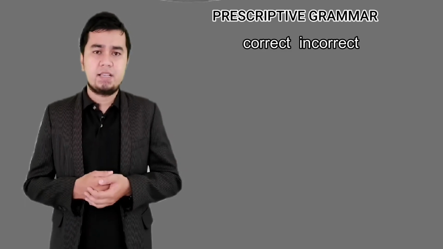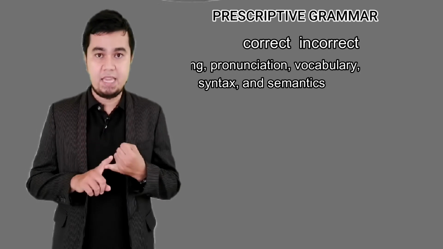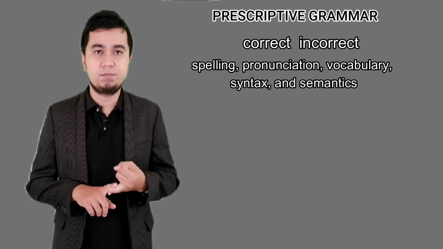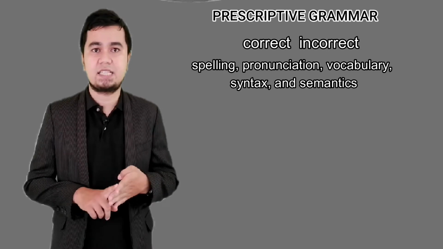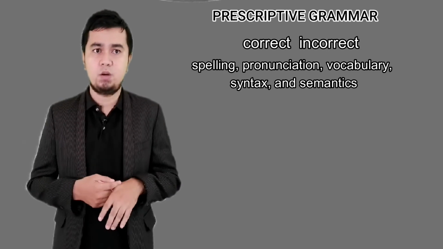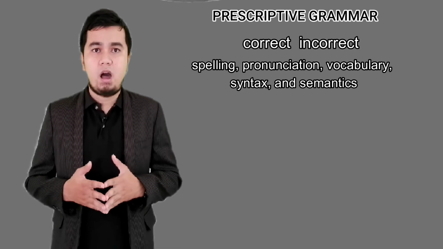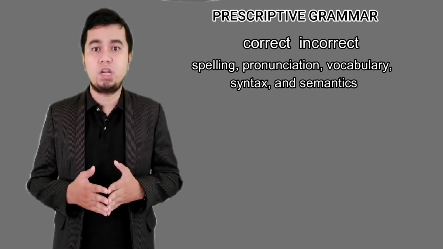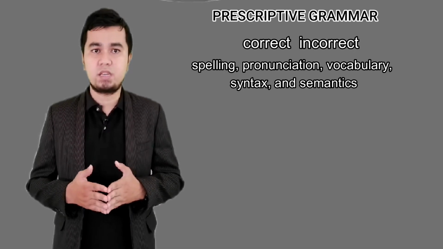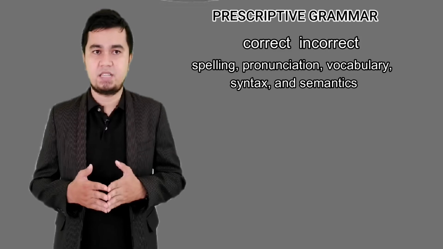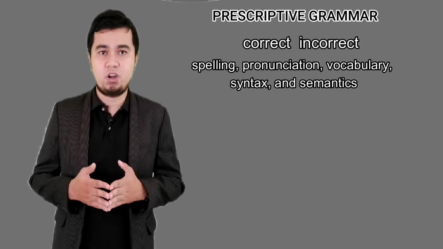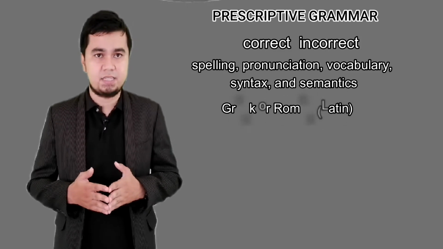Now, these rules address linguistic aspects such as spelling, pronunciation, vocabulary, syntax, and semantics. In a prescriptive grammar, the rules are not based on actual use. Some rules are invented by grammarians, others follow Greek, Roman, or Latin practices.